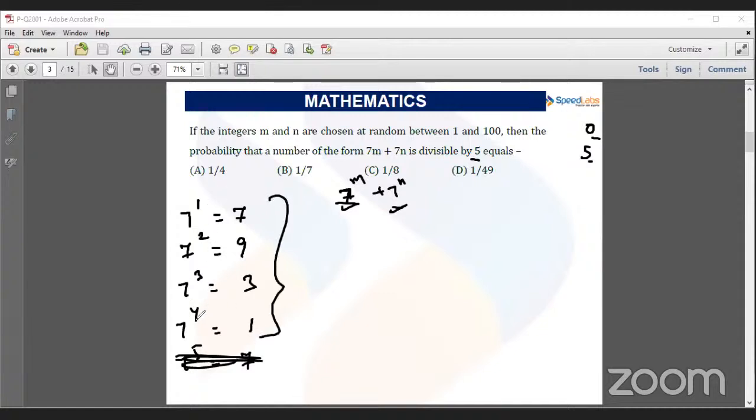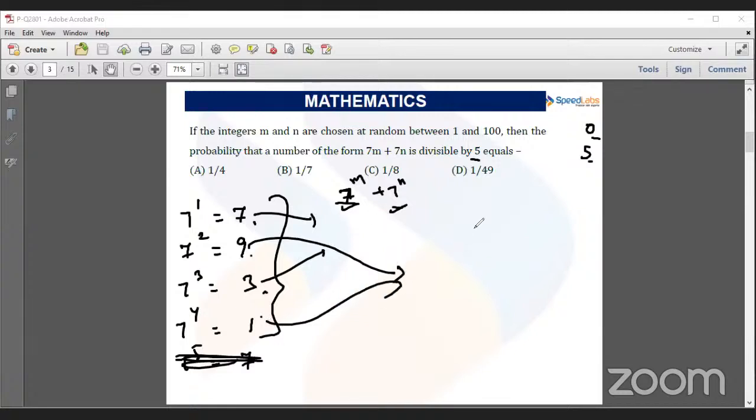So going from 1 to 4, the end digits of powers of 7 will be 7, 9, 3 and 1, and nothing else will come besides these. Okay. So in n also 7, 9, 3 and 1 will come, and the only way it will be divisible by 5 is when we add numbers ending with 7 and ending with 3. 7 plus 3 is 10, so 0 will come at the end, or 9 and 1.